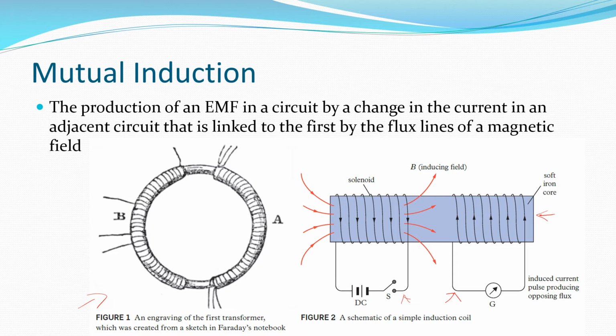The idea is that if we have a current flowing in the first circuit, it will induce a current flowing in the second circuit. It's like the magnetic field from this first coil of wire is flowing through this iron core into the other one, and if there's a magnetic field flowing through there, it will induce the current flowing through, which is what we saw in Lenz's law.